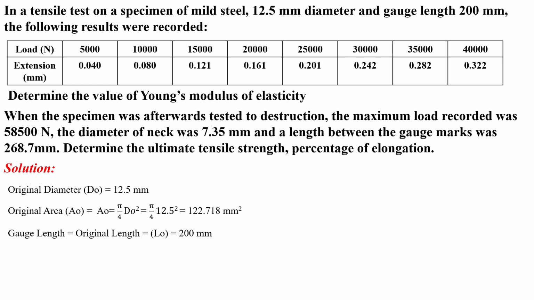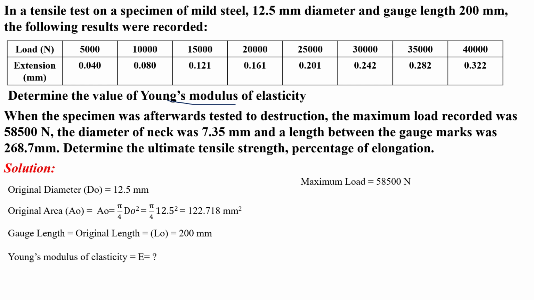And next the given data, load versus the extension. Then we have to determine the Young's modulus of elasticity. And also they gave that the specimen was afterwards tested to destruction. Maximum load equal to 58,500 newtons.